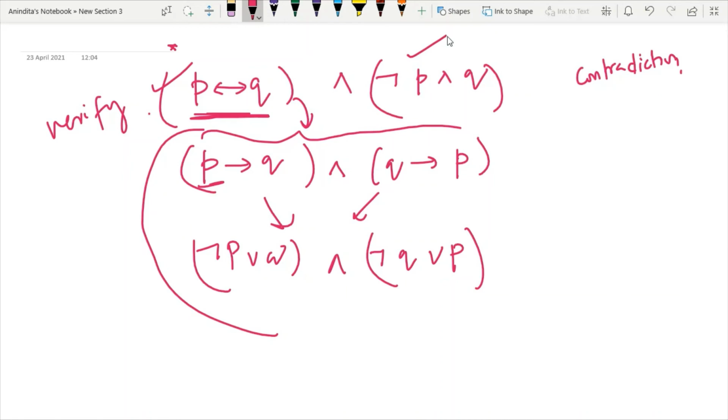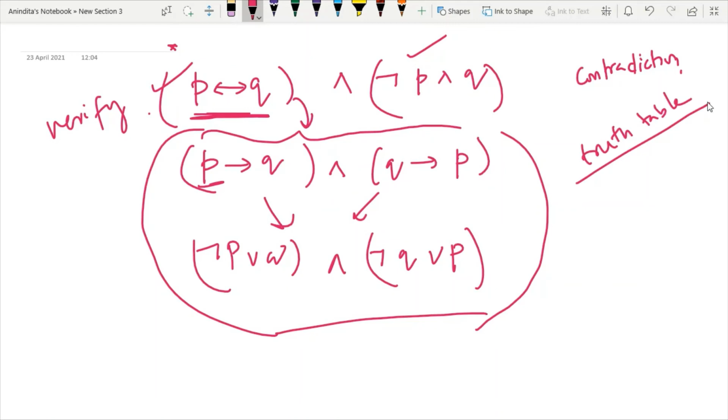Now, how can you show that this is a contradiction? To prove that this expression is a contradiction, what can we do? Basically, my intention is, after performing simplification, we can create one truth table. Now, how to create that truth table?